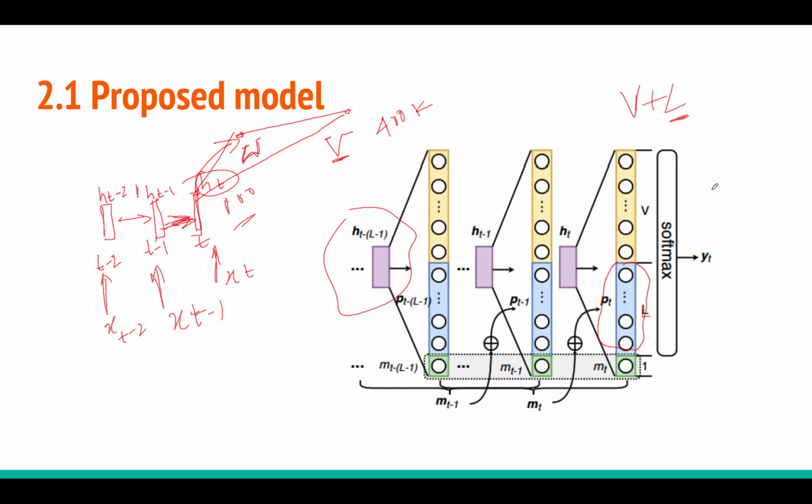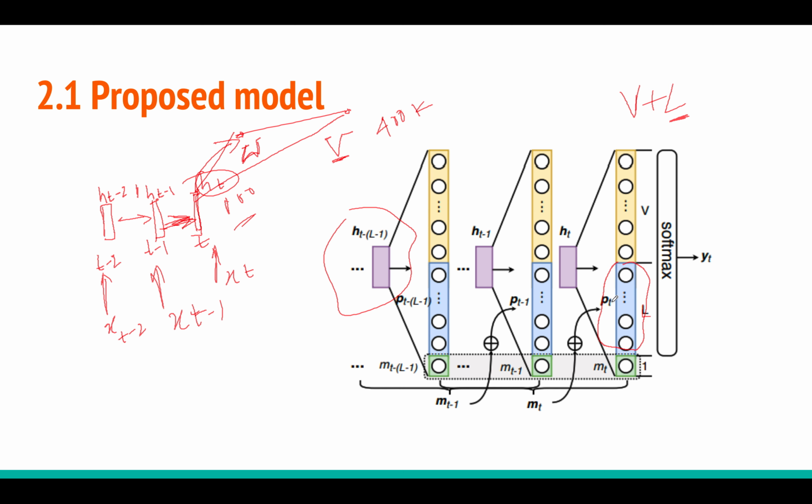This PT at a particular time step T is L dimensional, and the same way you have it for all the other time steps as well. So the idea is this will likely capture information about the previous words, which can be used to predict at the current time step. That is the idea of this P.